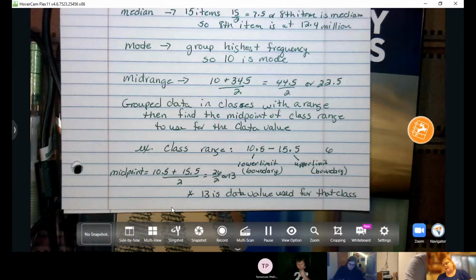So that's how you would handle a grouped set of information there. Okay, and so that may make a little more sense when you go back and spend some time looking at your frequency distributions and looking at those group data. Help you put that together.